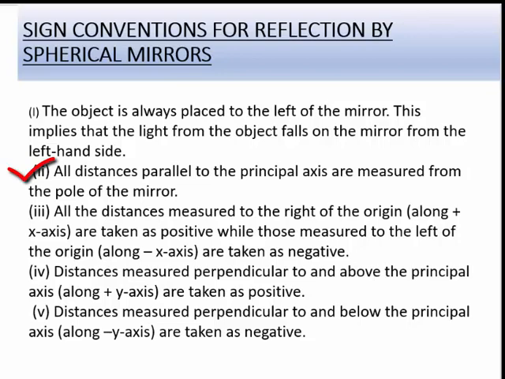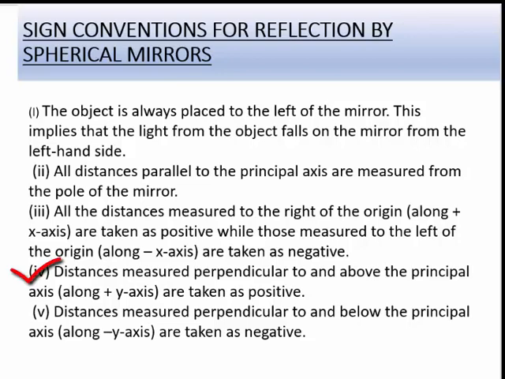Yes, because the pole of the mirror or the optical center of the lens is the reference, it is the origin. All the distances measured to the right of the origin are taken as positive, while those distances which are measured towards the left of the origin are taken as the negative.